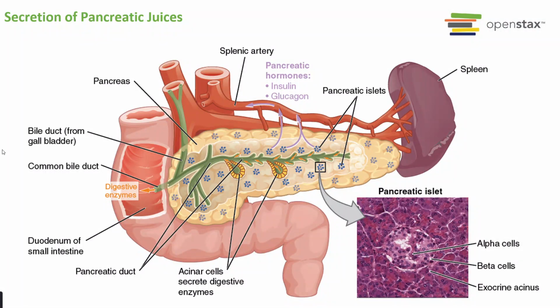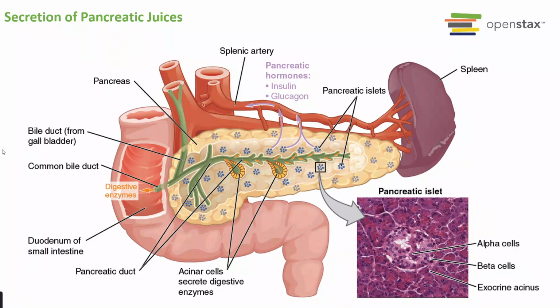Now, taking a step back towards our digestive system functions with those digestive enzymes, you may be wondering, what type of digestive enzymes can be released? And so we have enzymes that digest starches, and those are known as amylases. We have enzymes that digest emulsified or broken down fats, and those are known as lipases.